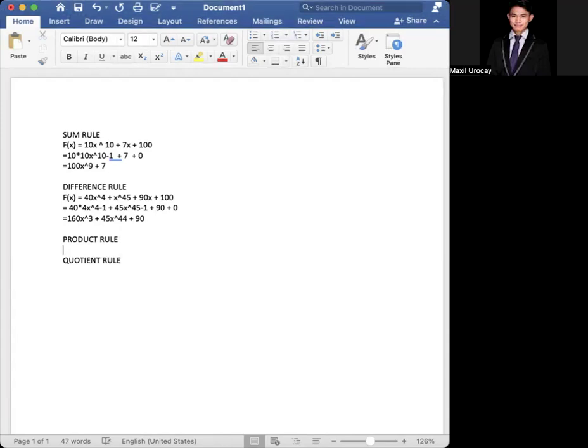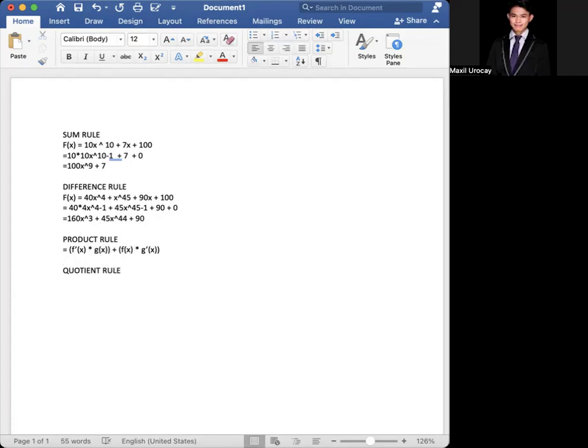For the product rule, we have a formula: it equals f prime of x, the derivative of f of x, times g of x, then plus a separator, and the other one, f of x multiplied by the g prime of x. So you will work on that.